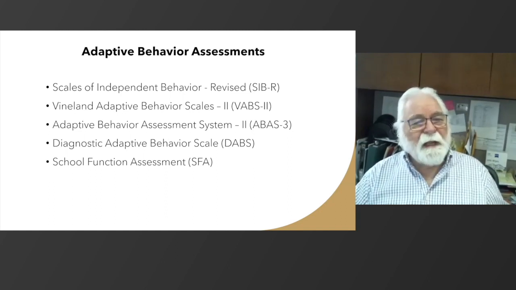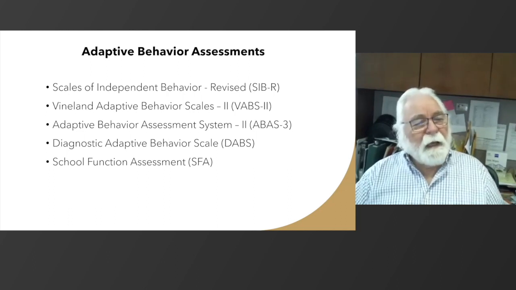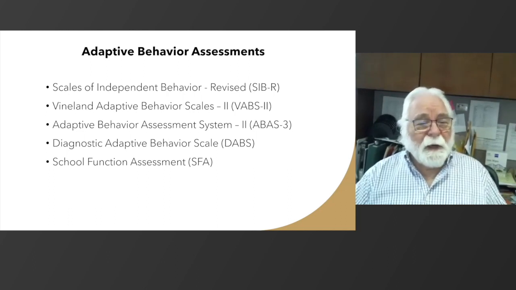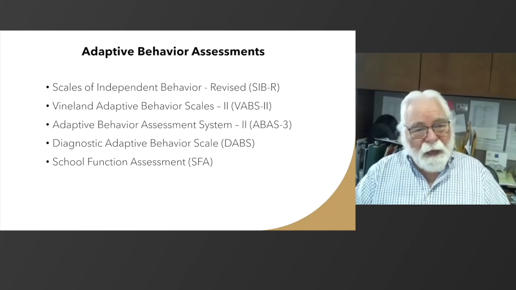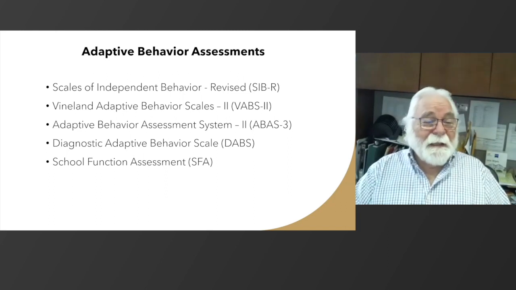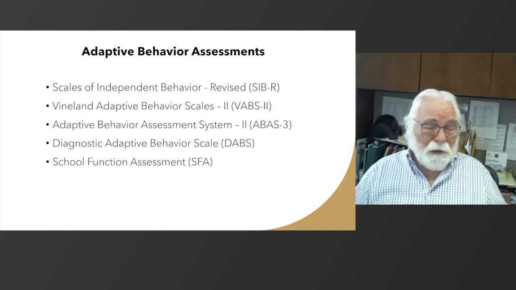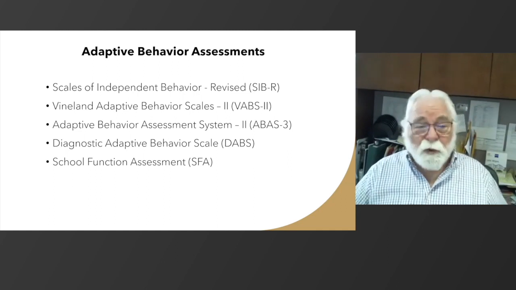Vineland adaptive behavior scales is a strong candidate. This one, the school functioning assessment, I recommend highly because it's detailed. It lets us know, can this youngster navigate the school environment?